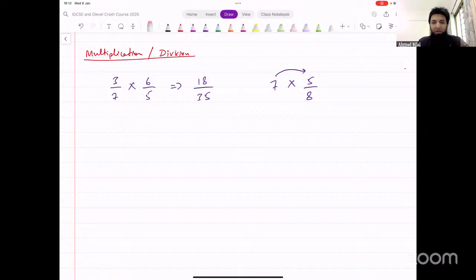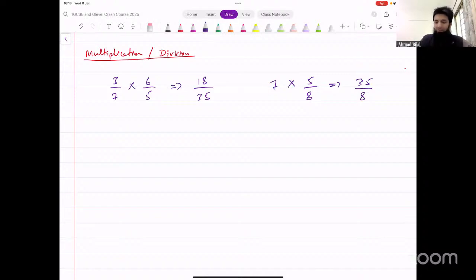So 7 only gets multiplied by 5, and that gives you 35 over 8. In order to avoid the mistake of multiplying 7 by 8 as well, you can also think of 7 as 7 over 1. So 7 over 1, the numerator gets multiplied with the numerator, the denominator gets multiplied with the denominator, and you get the result. But remember, if an integer is multiplying, it will only multiply with the numerator.